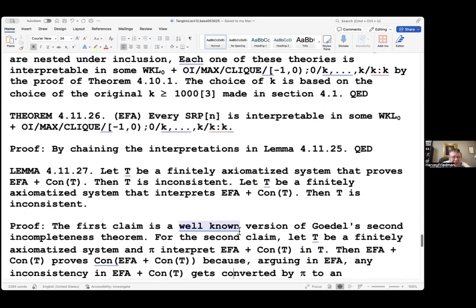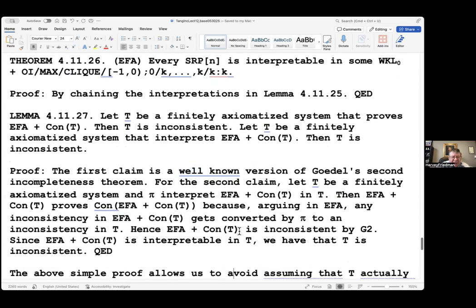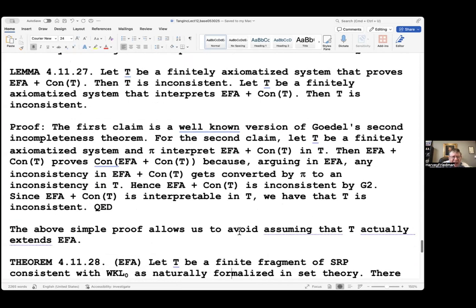All right. Now we need a lemma. I guess this is implicit in the literature, but it has a very simple proof. First of all, one form of Gödel's second incompleteness theorem is: if T is a finely axiomatized system that proves EFA plus con T, then it must be inconsistent.